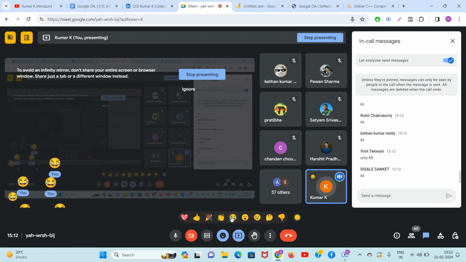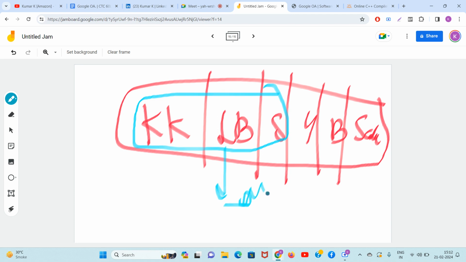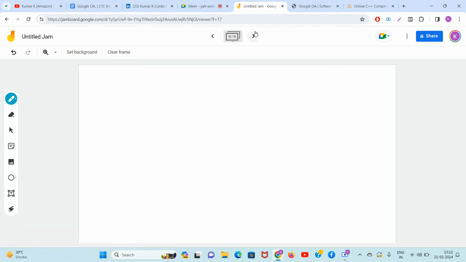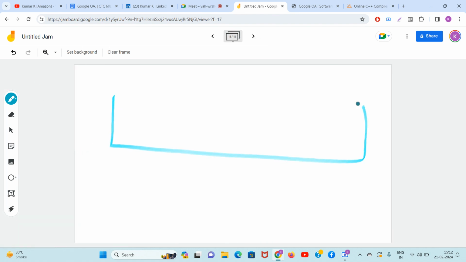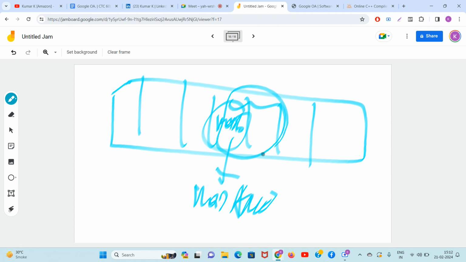Only KK, no combination. Why? If you try to mix Love Babbar and others with KK, the average value will decrease. Only KK. So similarly, in your array, whatever is the maximum value, that is the max possible AND value. If you combine it with any other number and make a subarray, the collective value will decrease.